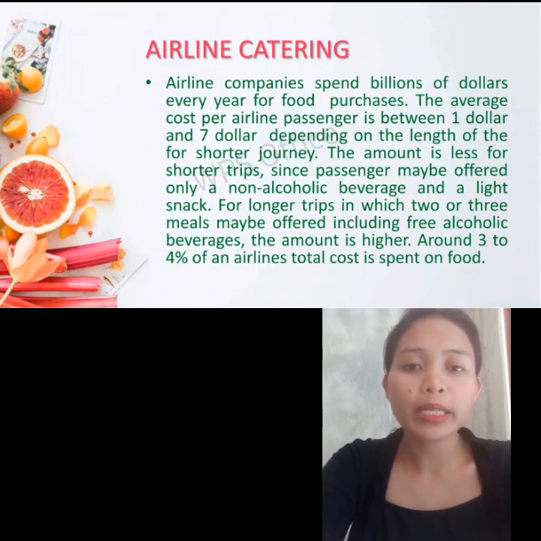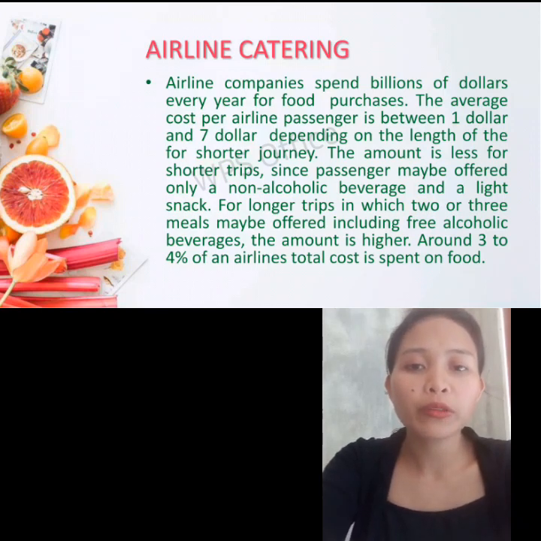The cost of airline catering includes not only the food itself but also the associated logistics such as storage, transportation, and preparation. Airline companies prioritize offering a range of meal options to cater to different dietary preferences and restrictions. These include options for vegetarian, vegan, gluten-free, and other special dietary requirements.